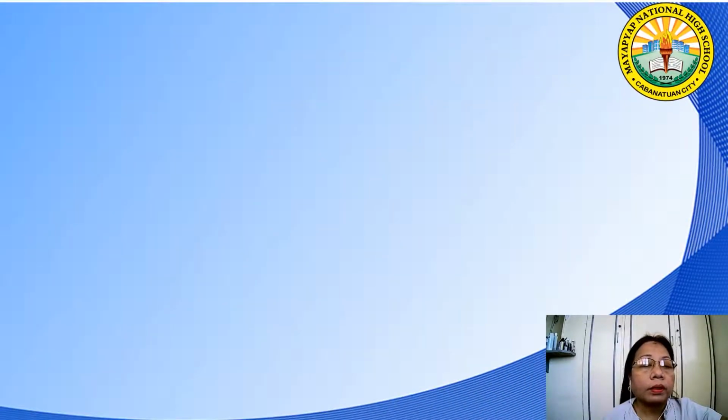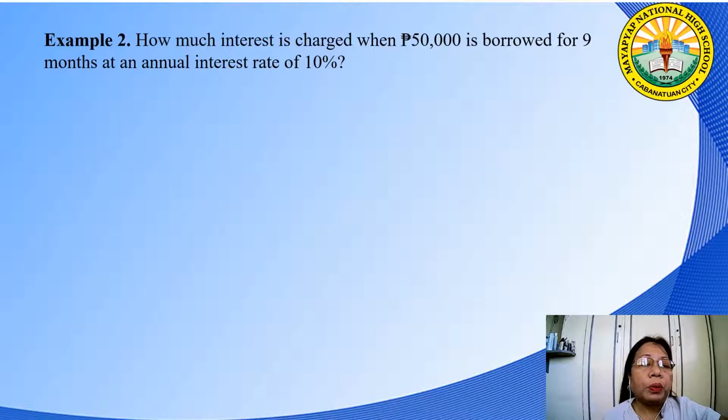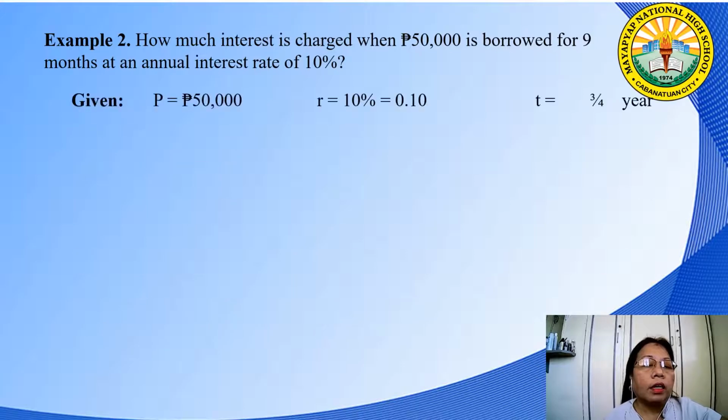Example number 2. How much interest is charged when 50,000 is borrowed for 9 months at an annual interest rate of 10%? Given, the principal is 50,000 pesos, the rate of interest is 0.10, and T is 3/4 year, or that is 9 months.